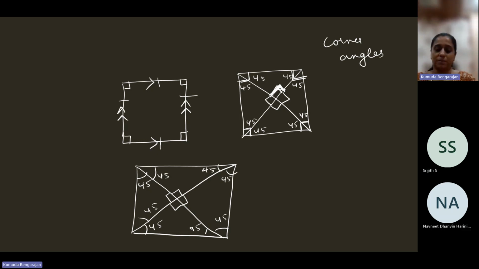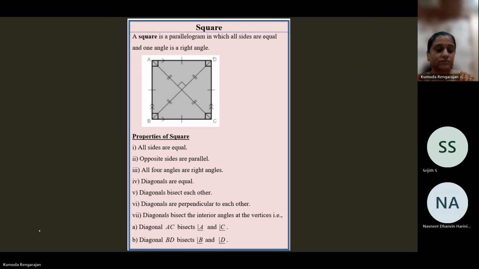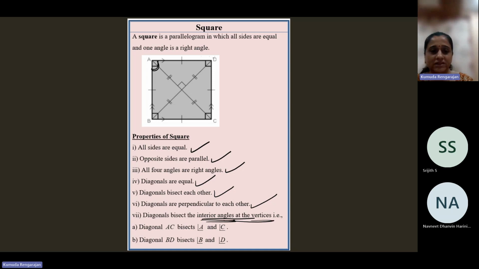So this image I've shared with you. All sides equal, opposite sides parallel, right angles, diagonals are equal, diagonals bisect each other, they are perpendicular to each other. Then the diagonals bisect the interior angles at the vertices, meaning the corner angles.